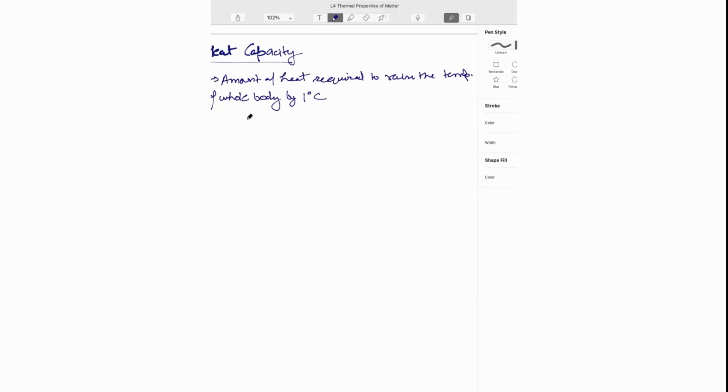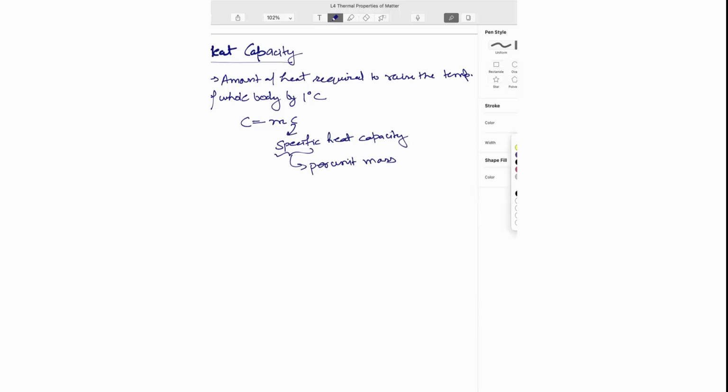So heat capacity is C equals M into c, because we know that c is the specific heat capacity. Whenever the word specific comes, I told you that it's per unit mass, so the heat capacity is mass into the specific heat capacity. So that is all about heat capacity.